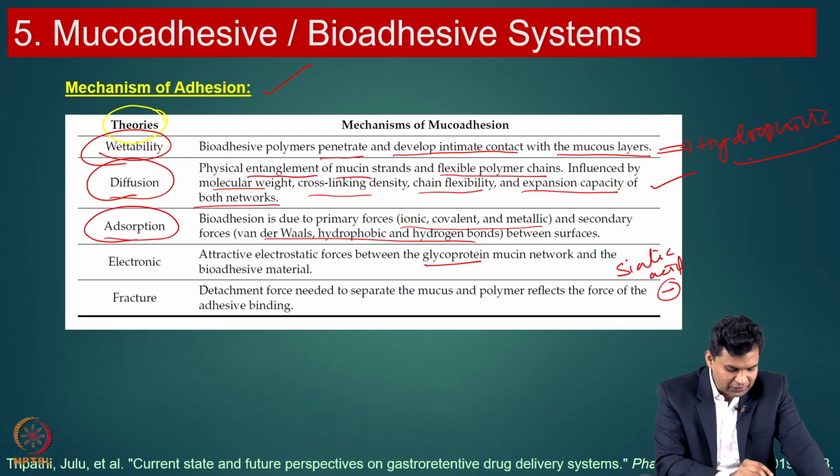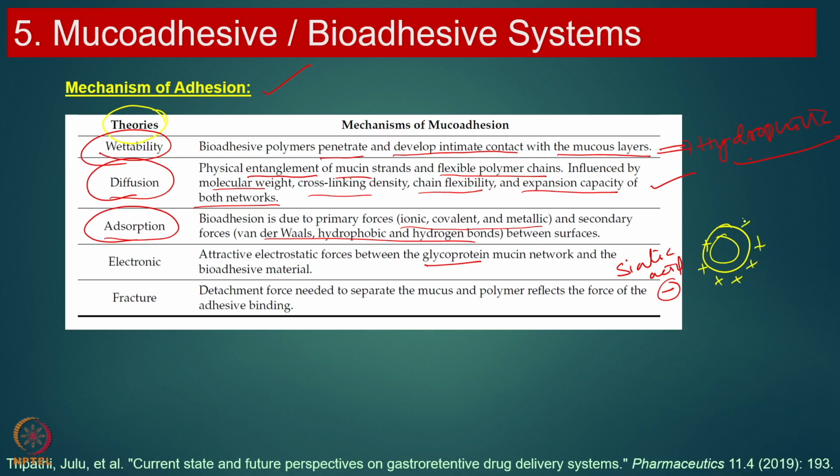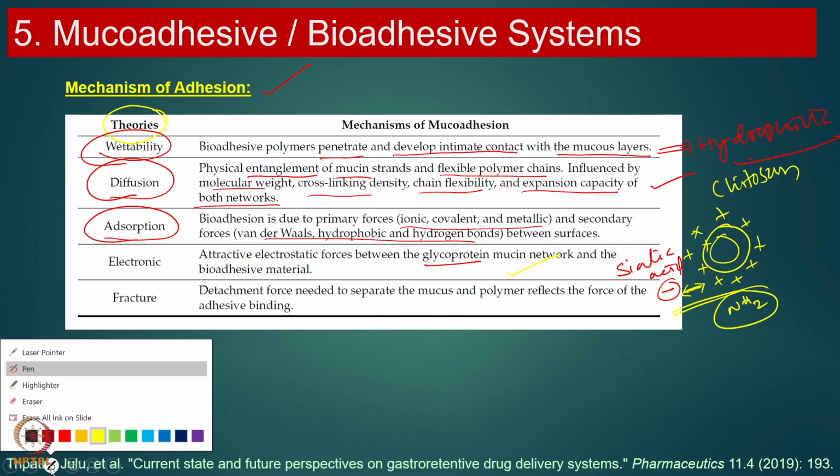But when you want to work with the electrostatic interaction, you need to develop systems which have a positive charge on their surface. Especially chitosan is the best example that will interact with the sialic acid of the mucin through the NH2 group in the chitosan. So, this will help in the electrostatic interaction.